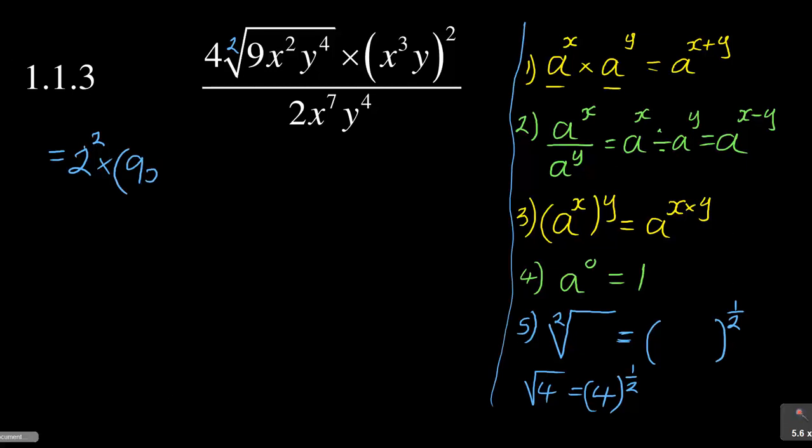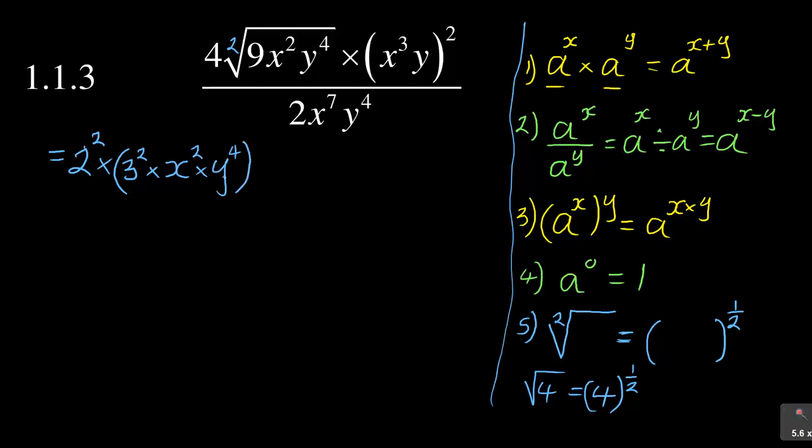Actually, let me already convert the 9. Remember, 9 is 3 times 3, which is 3 to the power of 2, because 3 times 3 is 3 squared. And then I can put still a times, and then I've got x squared, and then times y to the power of 4. Then I put a bracket.